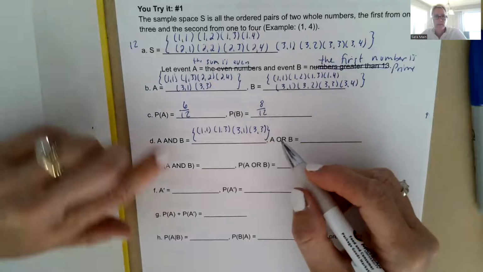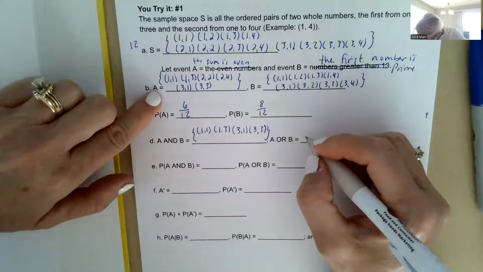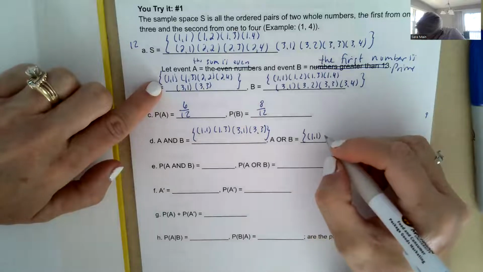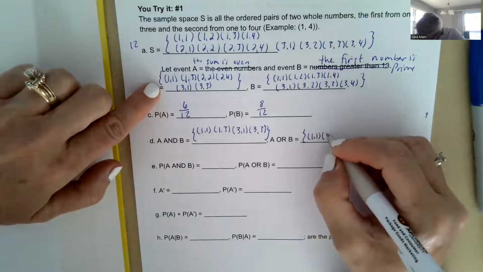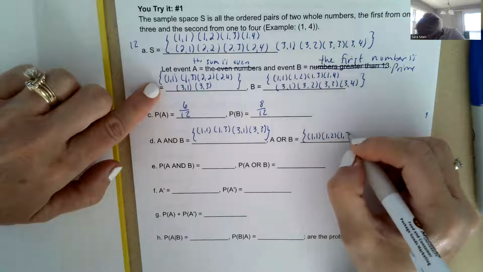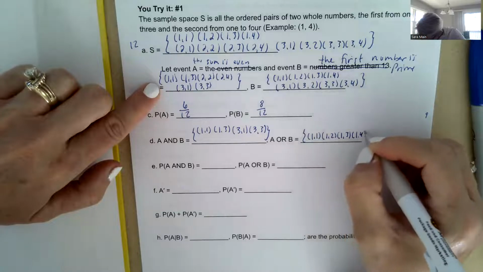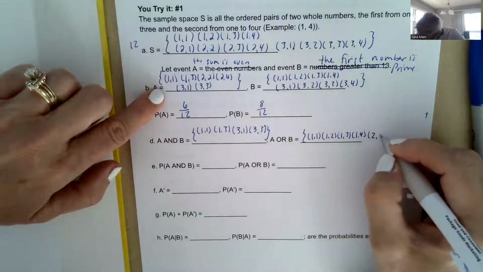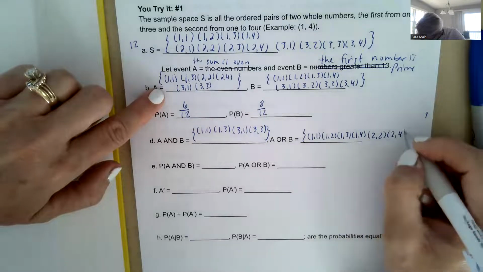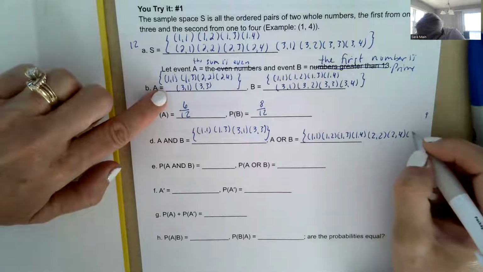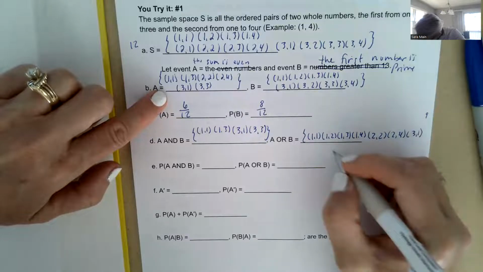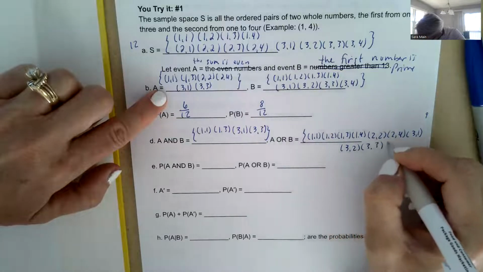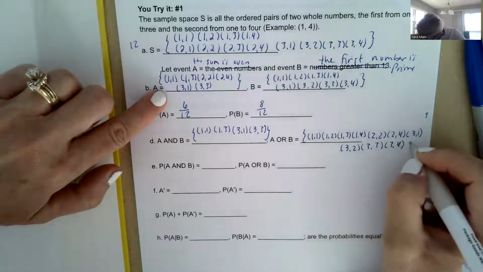And then what are the outcomes that are in either of them? Okay, so 1,1 only needs to be counted once because it's in both. 1,2, and then 1,3, 1,4, 2,2, 2,4, 3,1, 3,2, 3,3, 3,4.